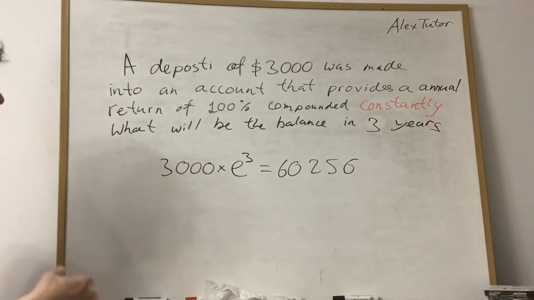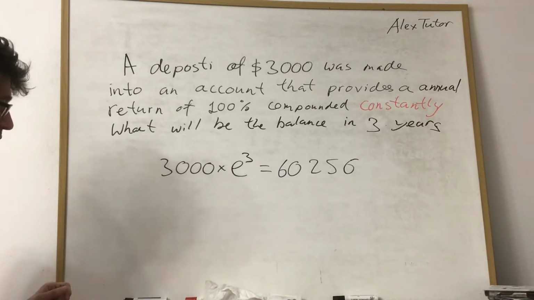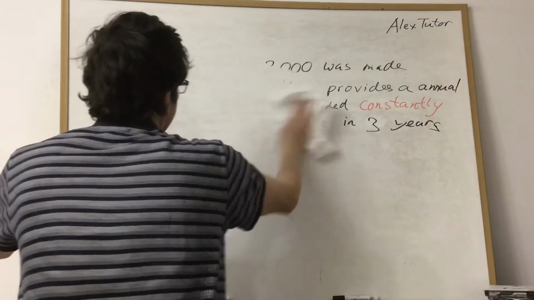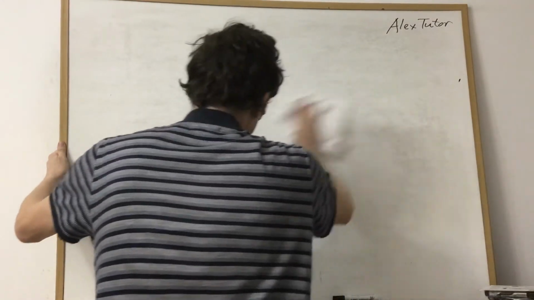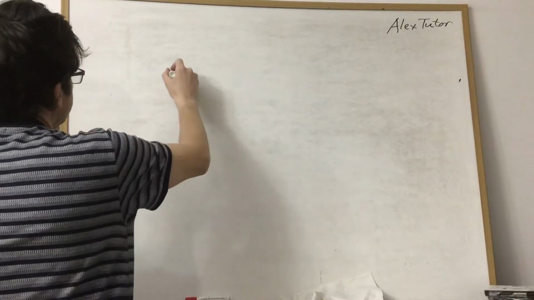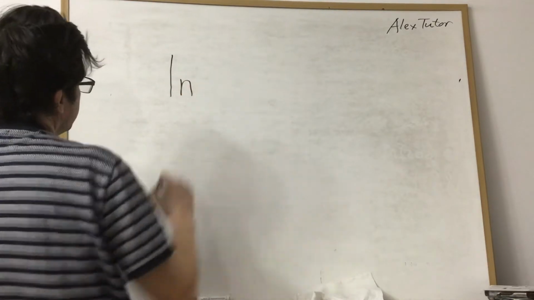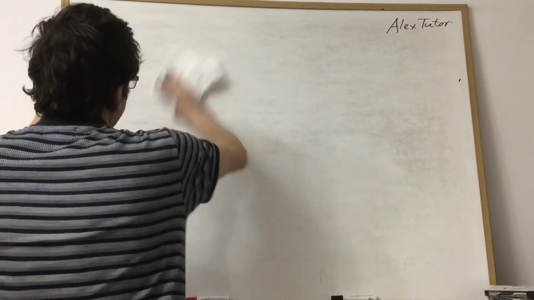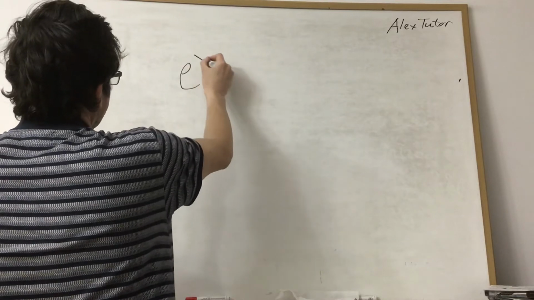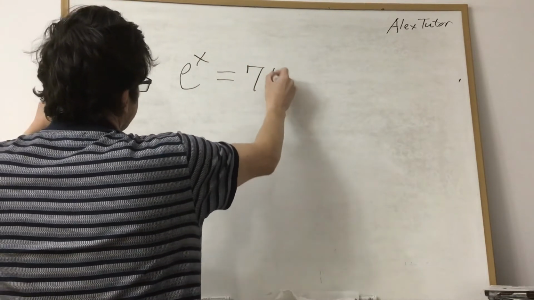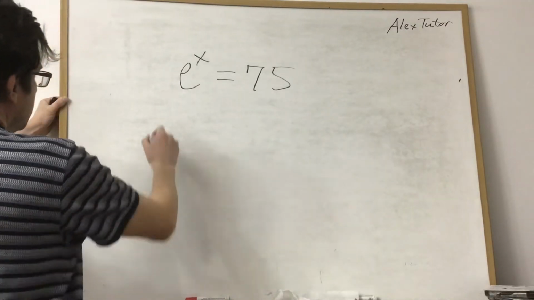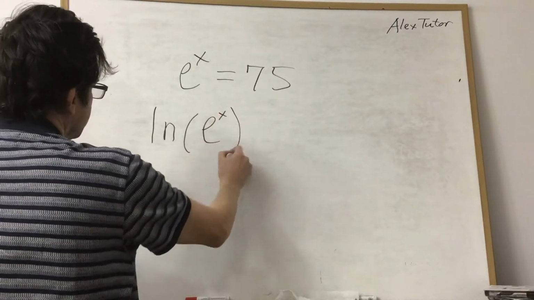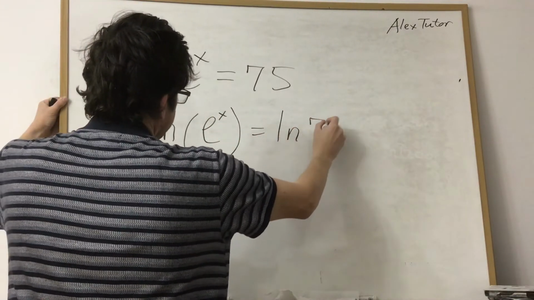Now let me show you what is the purpose of the natural logarithm. The natural logarithm is the opposite of e. ln is the opposite of e. For example, if I want to find e to the power of x equals, let's say, 75, ln of e to the power of x equals ln 75.